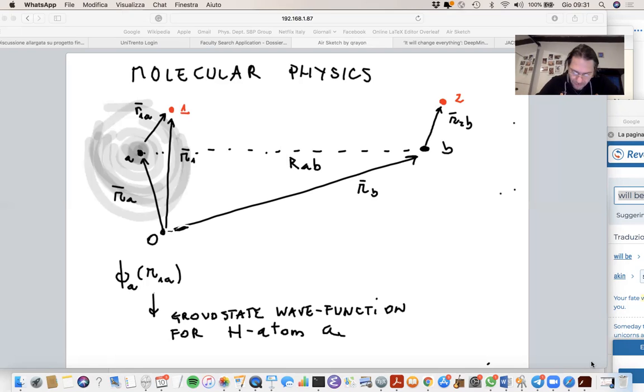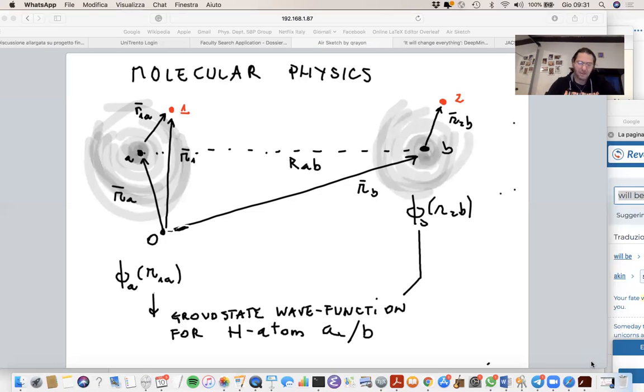And as before, I can associate a wave function phi B, which depends on the distance between electron 2 and the nucleus B, which is a ground state wave function of electron 2 in the second H atom. So these are ground state wave functions, which again means that if I were to draw phi B in this graph, it will be something decaying with distance.